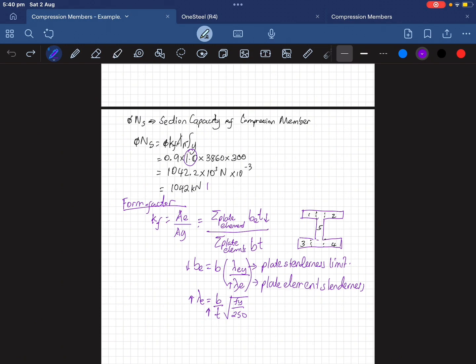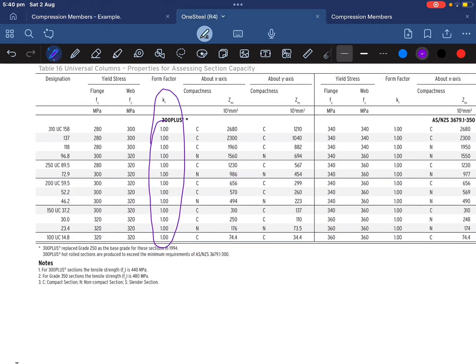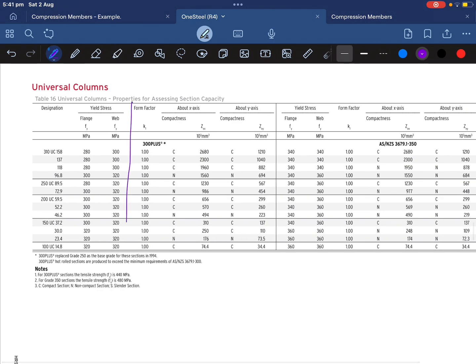Okay, so that was a bit of a detour. And if I go back to the steel catalog, here you can see that universal column sections have a form factor of, all of them are 1, sorry. All of them are equal to 1.